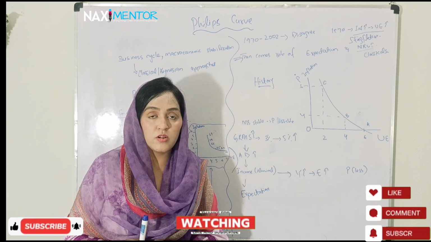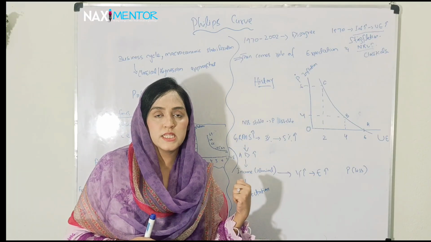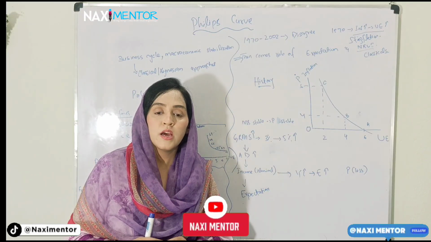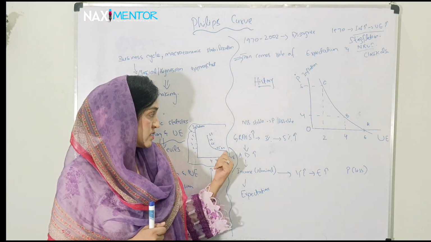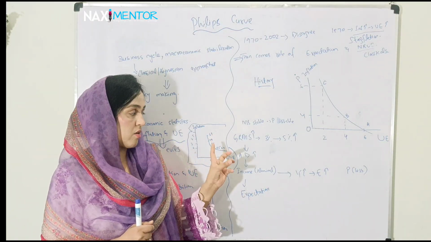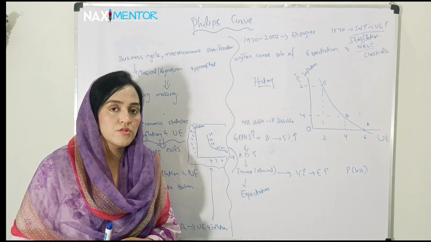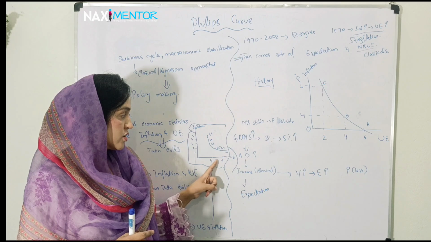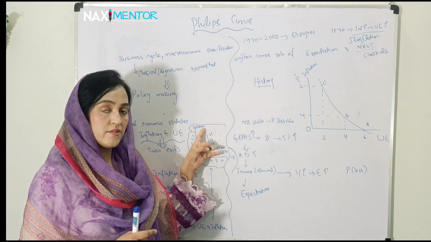The American economy also came to the same conclusion during the 1960s. There is a difference of only 2 years, and they worked on data from 1961 to 69, and according to US data, they also came to the same conclusion: when unemployment is low, inflation is high, and when unemployment is high, inflation is low.